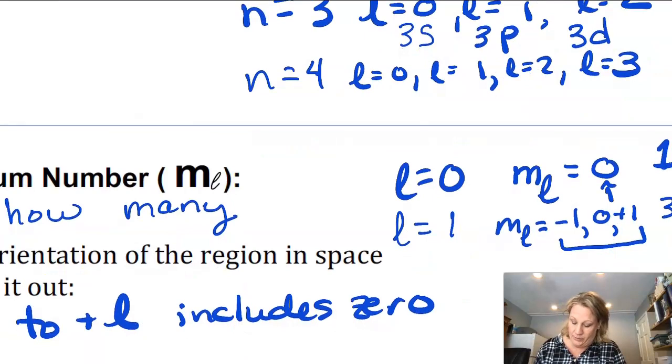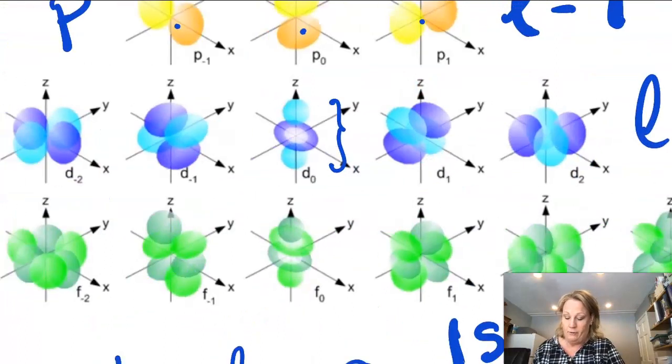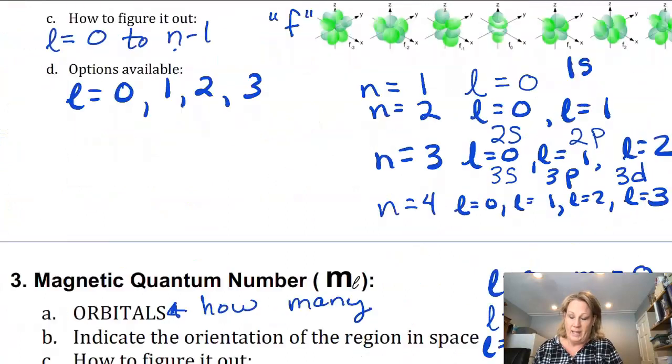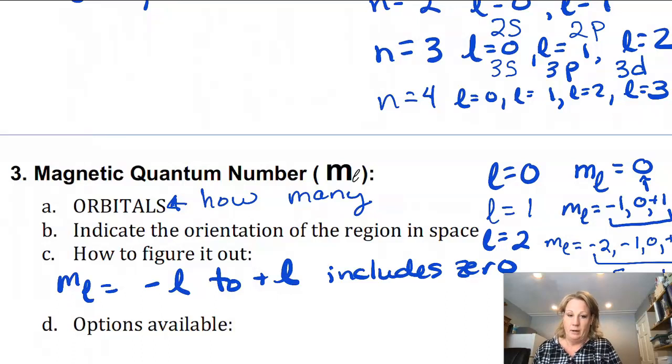If L equals 2, so now we're talking about the D, you can look up here and we should get 1, 2, 3, 4, 5, but I'll show you and prove it to you. m sub L is going to equal -2, -1, 0, +1, +2. So there's really 5 orbitals, 5 different ways that the D sublevels appear.